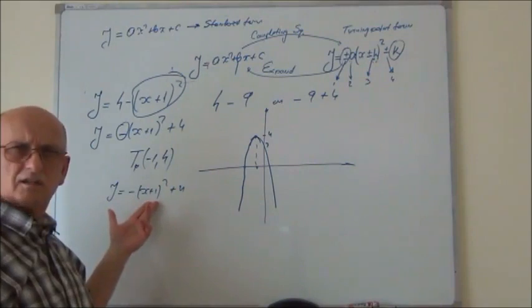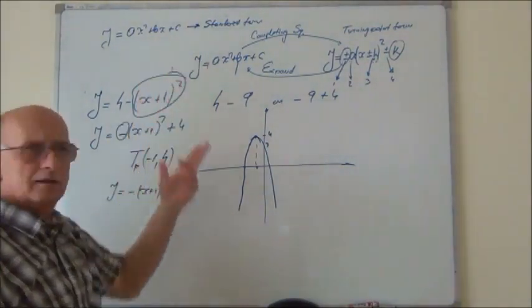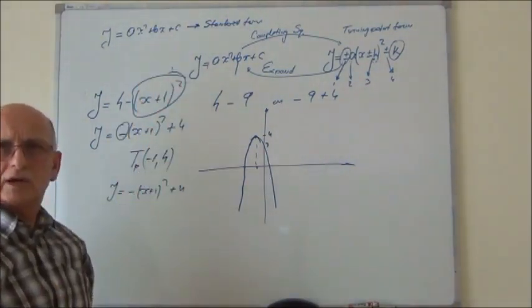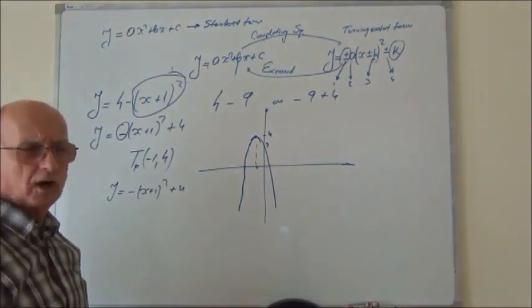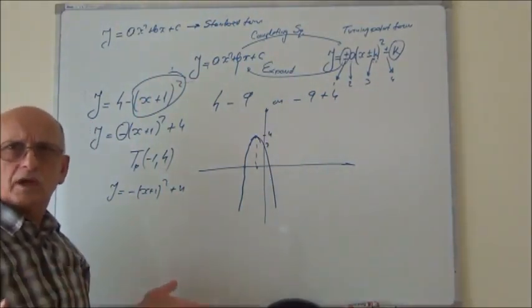I will expand this to get the equation like that, and then try to solve the equation, maybe use the quadratic formula, and go somewhere until you make some mistake.